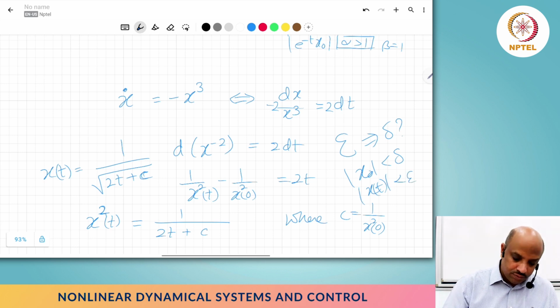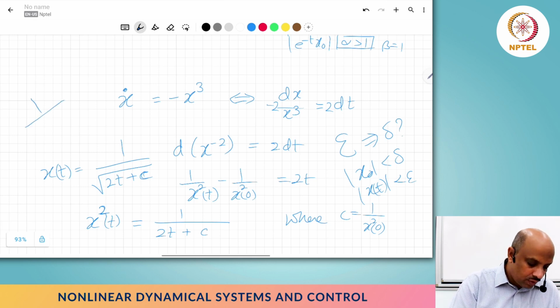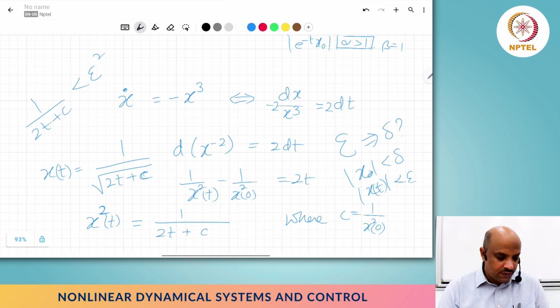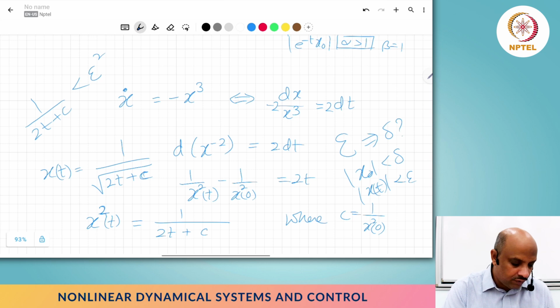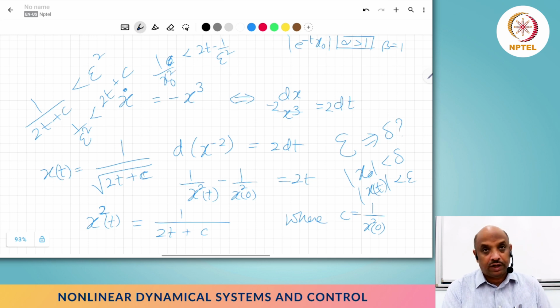Basically, substitute that x of t there, and when we do this math and rearrange, we'll get 1 over epsilon square is less than 2t plus c, and then we should have c less than 2t minus 1 over epsilon square, and c happens to be 1 over x0 square.